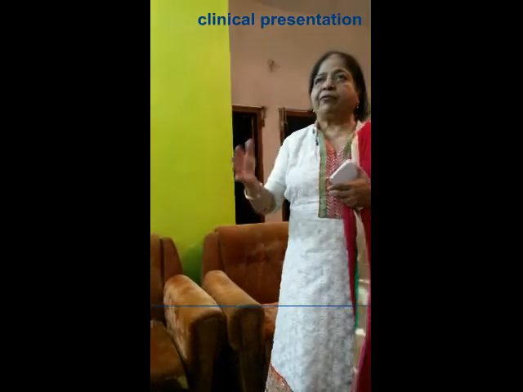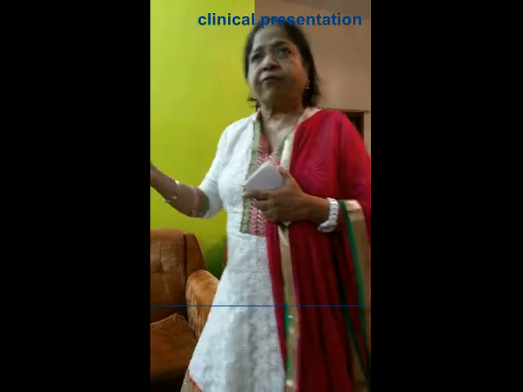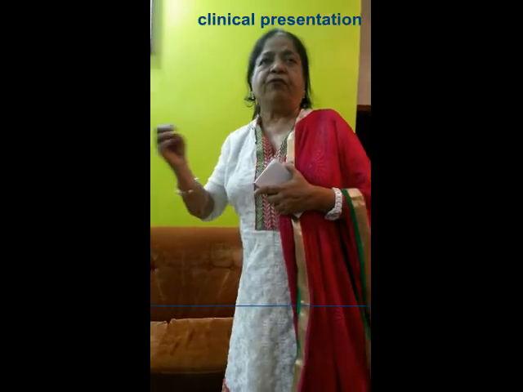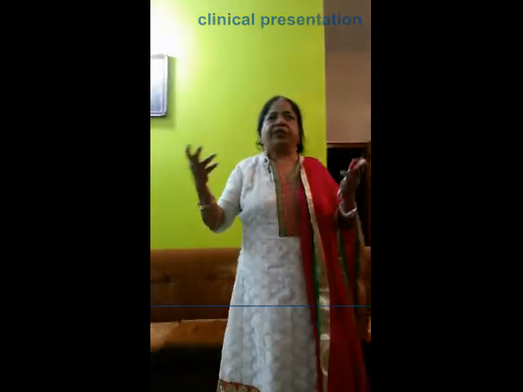So whenever the beta-HCG level is 1500 international units and we don't find a gestational sac, we check whether the beta-HCG is doubling after 48 hours. If the gestation sac is not present in the uterus, then where is it? Is it in the fallopian tube? We have to see whether it's an ectopic pregnancy.